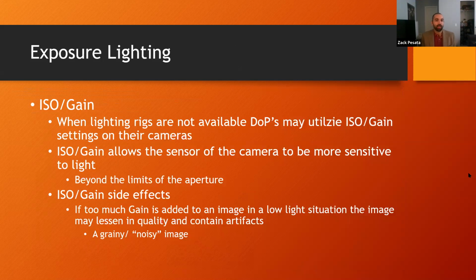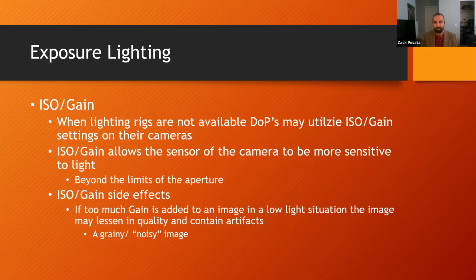Okay, some more things with exposure lighting. I talked a little bit about the difference between gain and grain. This is true for film as well, but mostly for digital cameras, you can manipulate the ISO or gain. When lighting rigs are not available, director photographers may utilize ISO/gain settings on their cameras.